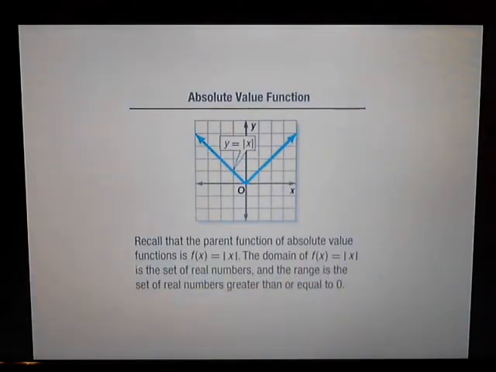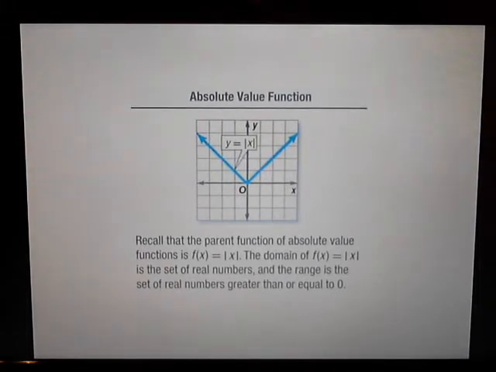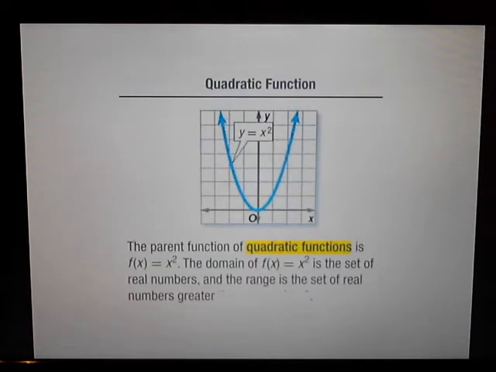Of course, the range will be different for each individual absolute value function, but you'll be able to see their range, and we've talked about a few of those. Your quadratic function is in the form of f of x equals x squared, and then we'll do translations, reflections, and dilations of the quadratic function.